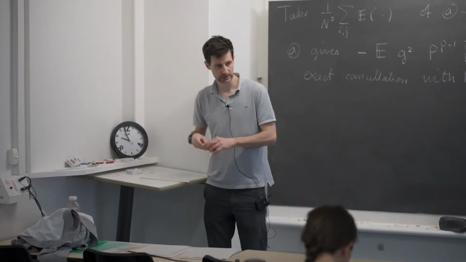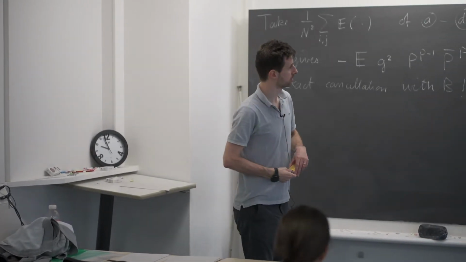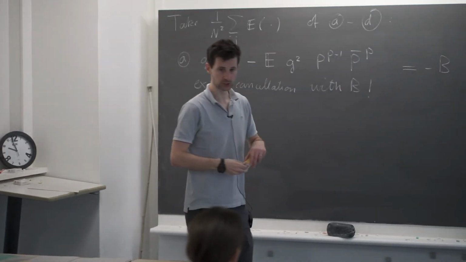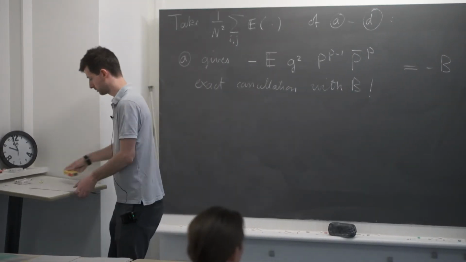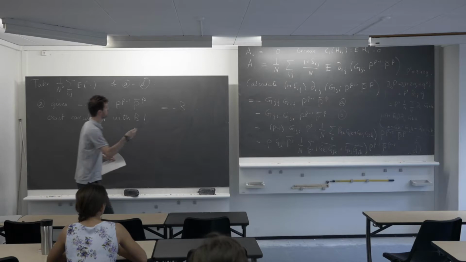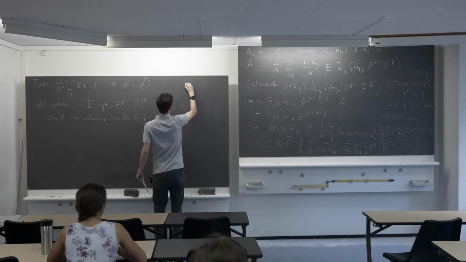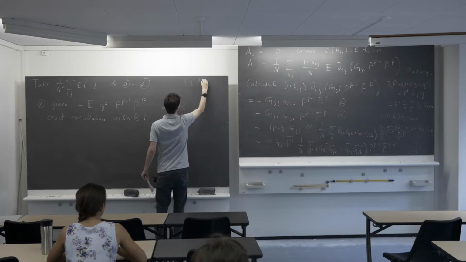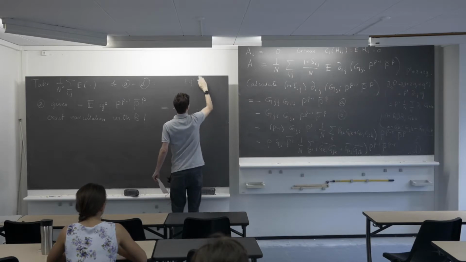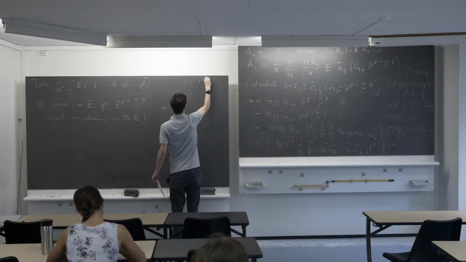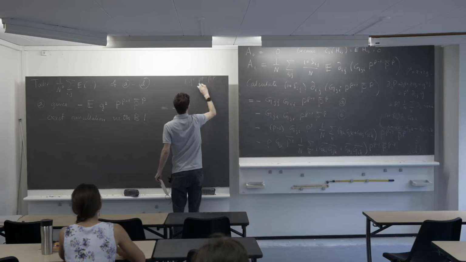Another way of seeing that is the term little g squared. If you recall, the term capital B had the expectation of g squared P to the p minus 1, P to the p.